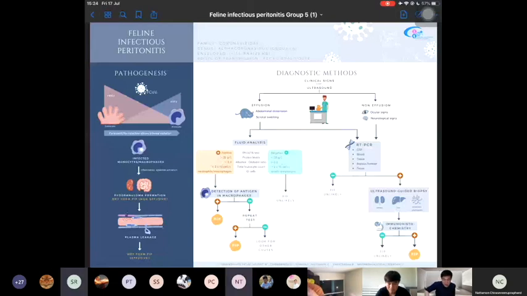Is there something else you should take into consideration apart from fluid analysis? For example, in the case of the non-effusive form, are there any other specific clinical signs or blood chemistry findings?